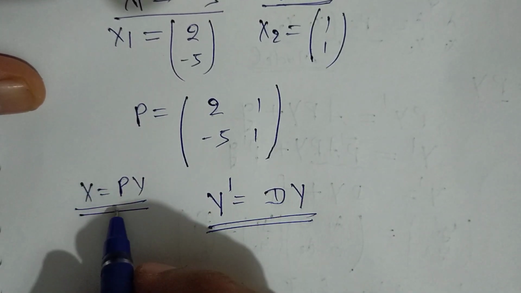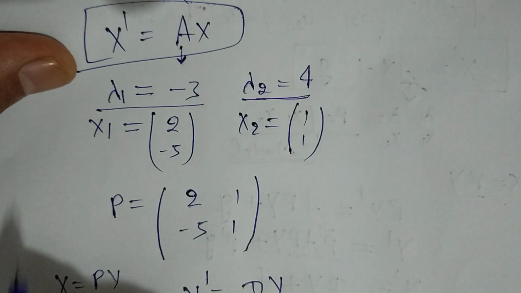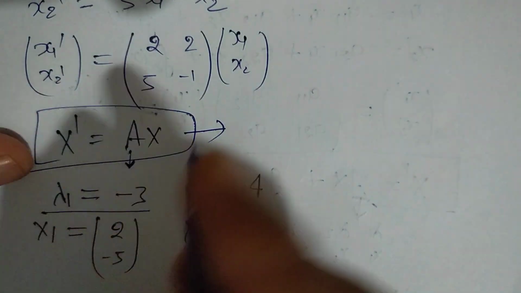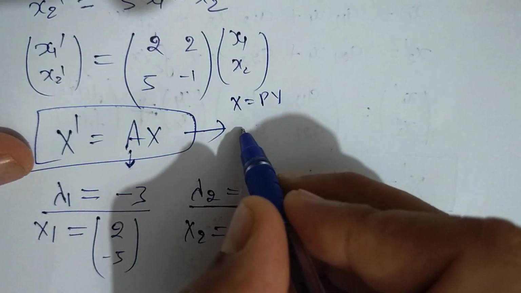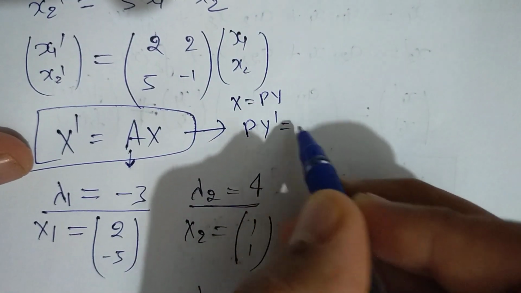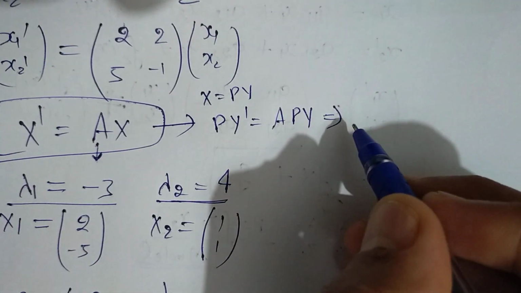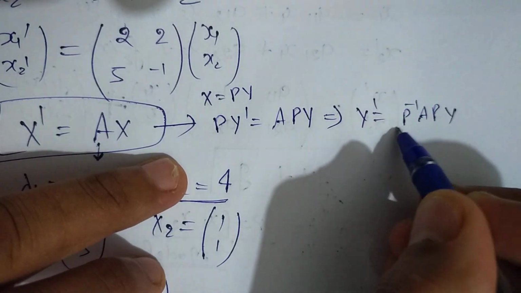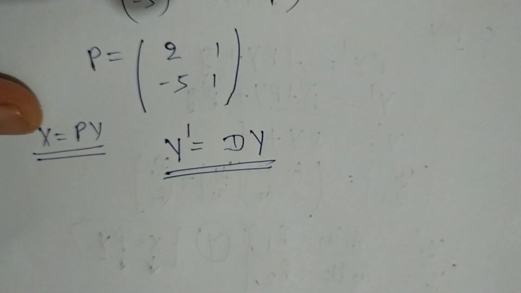If you use X equal to PY, so X dash equal to A X, and X equal to PY, we have P Y dash equal to A P Y. If you multiply by P inverse, we get Y dash equal to P inverse A P Y, and this is D, so Y dash equal to DY. So we are going to solve Y dash equal to DY.